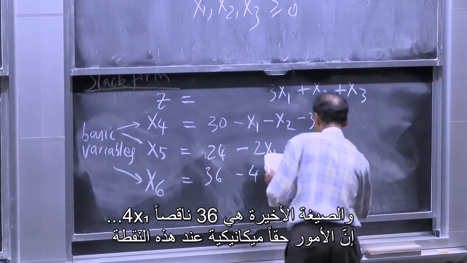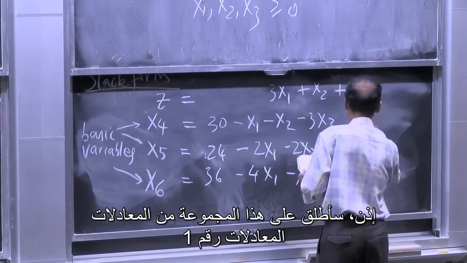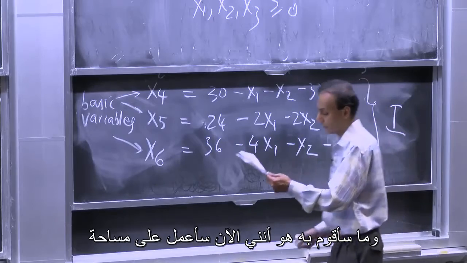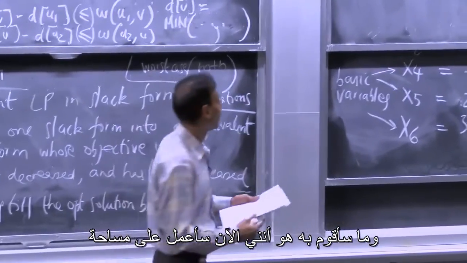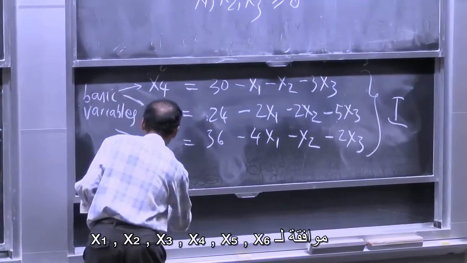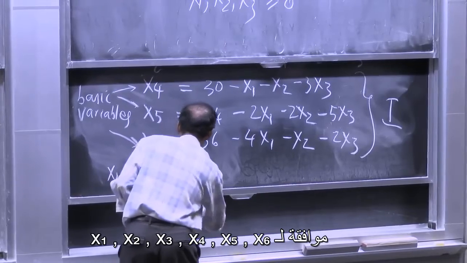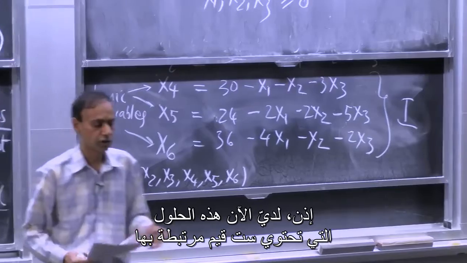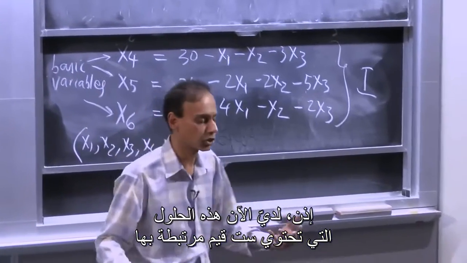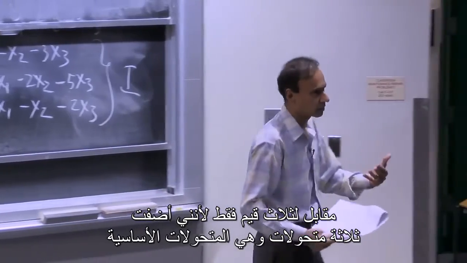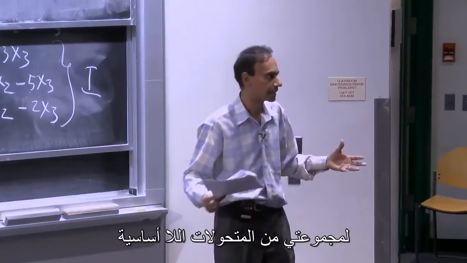This is very mechanical up until this point, and so I'll call this set of equations equations 1. And what I'm going to do is work on a space that corresponds to x1, x2, x3, x4, x5, x6. So I'm going to have solutions that now have 6 values associated with them, as opposed to just 3 values, because I've added 3 variables, the basic variables, to my non-basic set.